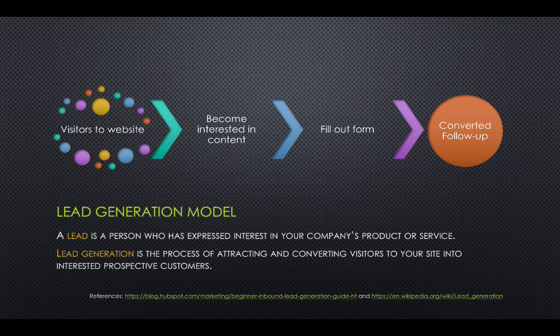The other type is related to this: they fill out the form and instead of contacting them to buy something, you might send them a brochure. For example, take the university's website. They are looking for lead generation in the form of students and prospective students. So if you're looking around on the website and decide, hey, I really like this university, I'm going to fill out this form that's going to request more information.